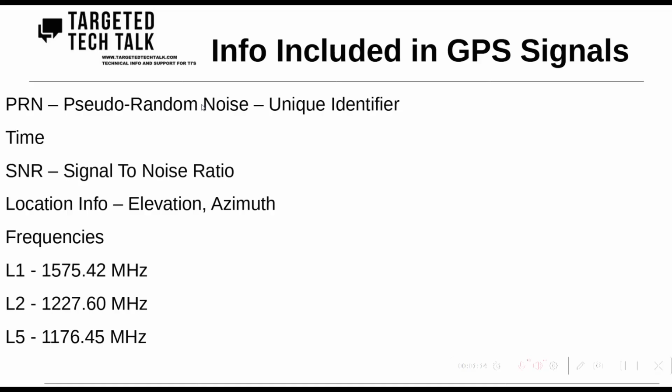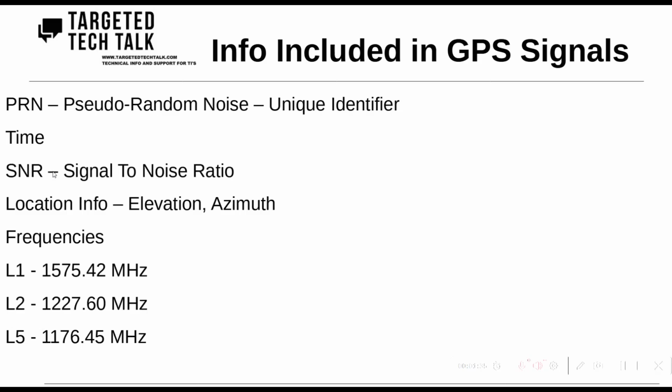So the PRN is the number that tells you which GPS satellite it is. The time is part of the signal, so that you can determine if it's a recent signal or something older that somehow bounced back. The exact time is out there.